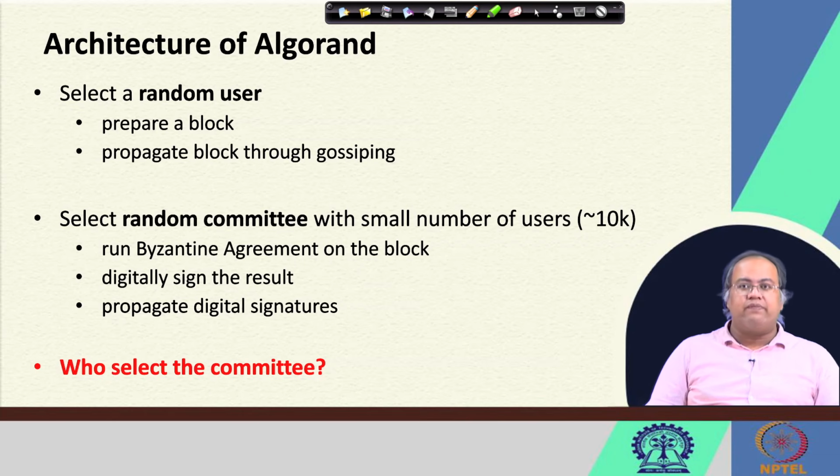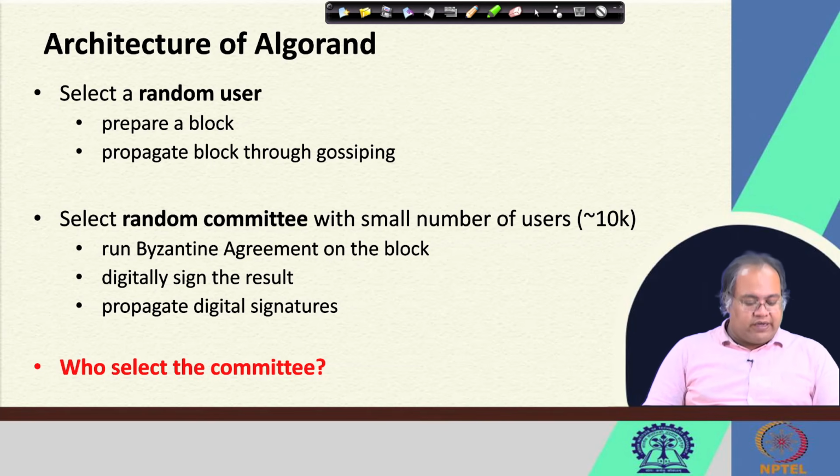So, the question comes, who is going to validate that block? To validate that block, we again select a random committee with a small number of users, say around 10k users. 10k users is something small, because you are talking about millions of users in the network. We are not going to use all those millions of users to validate the block, rather we are going to select a subset of it.